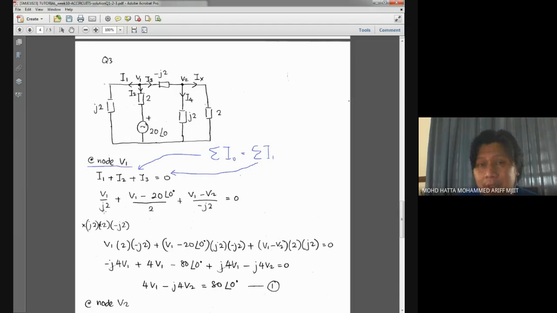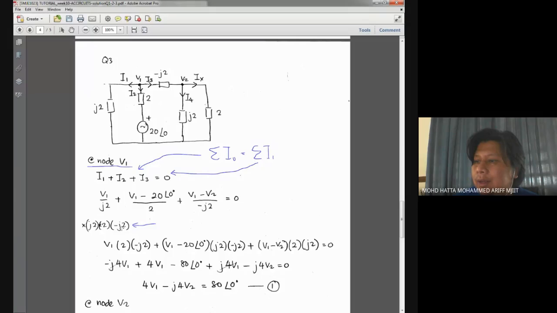In other words, we have to deal with a complex number in our denominator part. The first strategy that I will use is to eliminate all these denominator terms by multiplying the whole left and right of the equation with J2 times 2 and also minus J2.